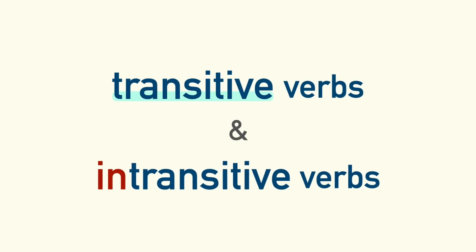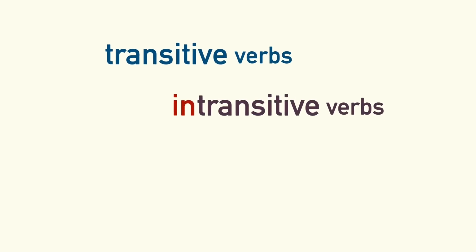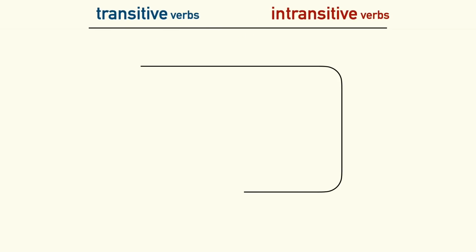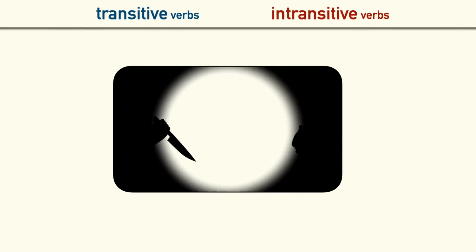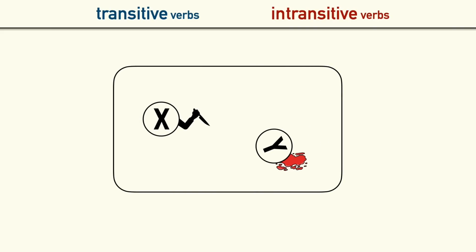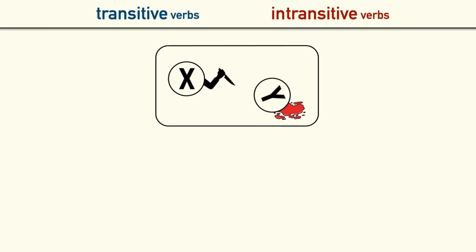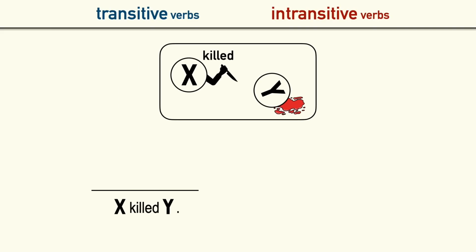Transitive verbs and intransitive verbs. X killed Y. Dun dun dun. X killed Y in Japanese is X は or X が Y を殺した.